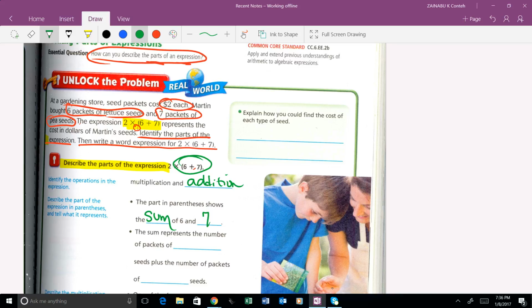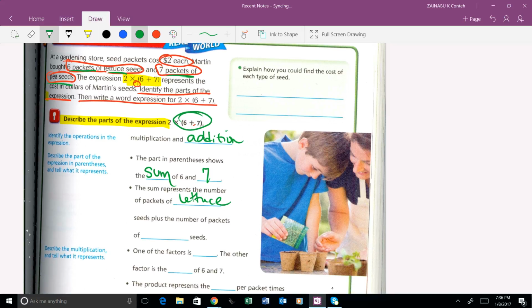Well, that's why we circled some of these important facts: 6 packets of lettuce seeds, 7 packets of pea seeds. So it really represents the packets of lettuce seeds plus the packets of pea seeds. In essence, both seeds together.